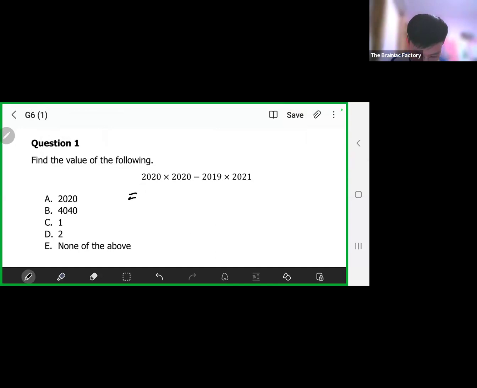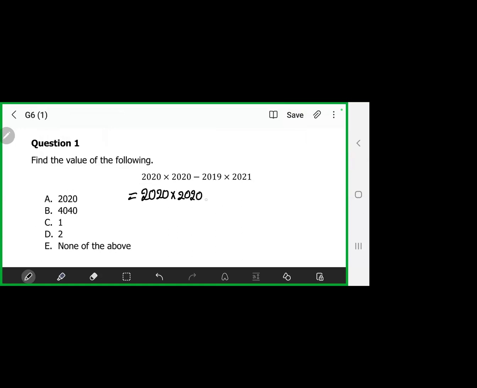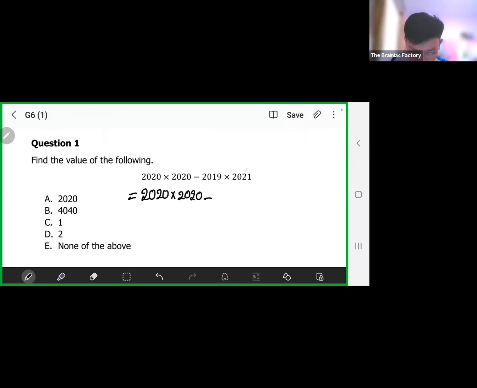First, we simply take the 2020 times 2020 and keep it the same, and since 2021 can be 2020 plus 1, it can be written like this with 2019.